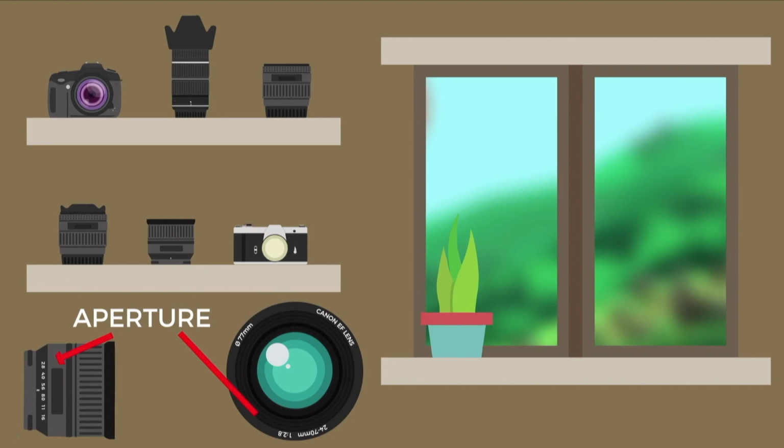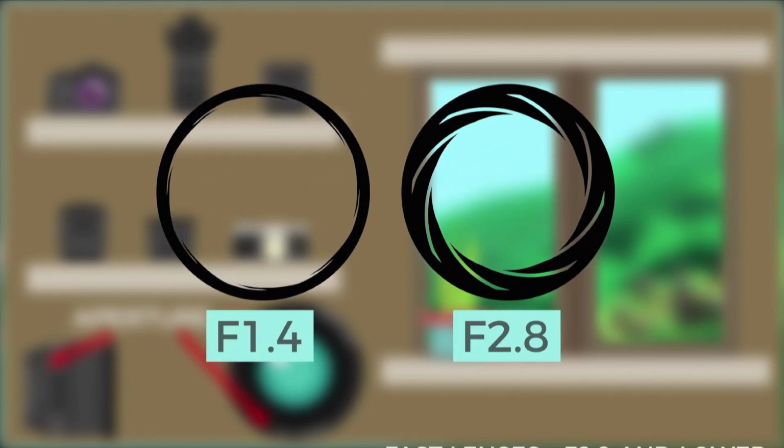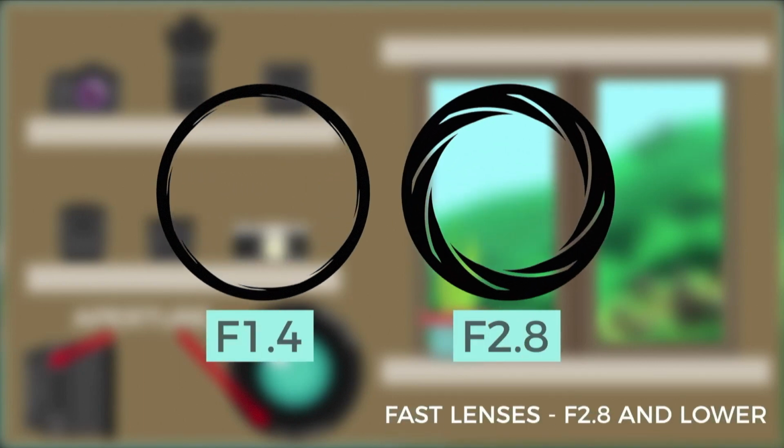Every lens has a limit on how small or large the aperture can get. If you take a look at the specifications of your lens, it should indicate the largest aperture that you can get. The maximum aperture of a lens, that is how small the number is, is much more important than the higher f number, because it shows the speed of the lens. In other words, how wide the aperture will open to let in the maximum amount of light.